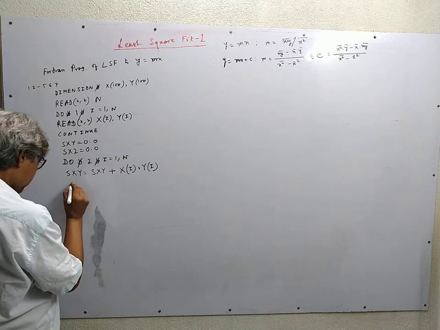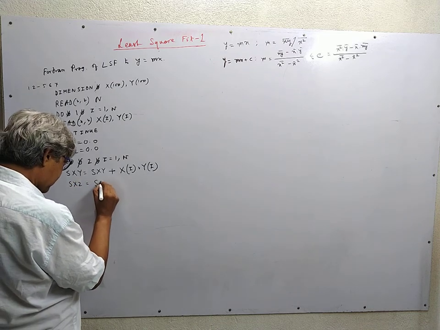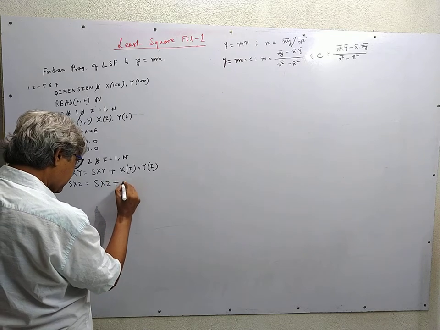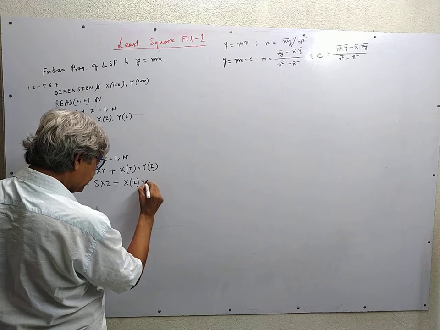Then sx2 is equal to sx2 plus xi double star 2.